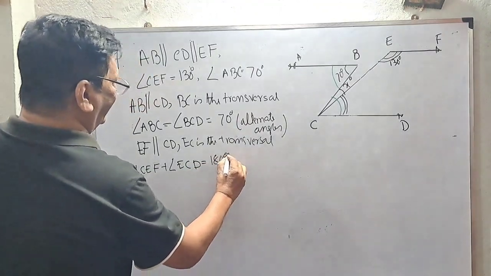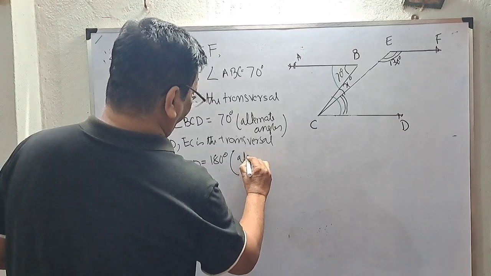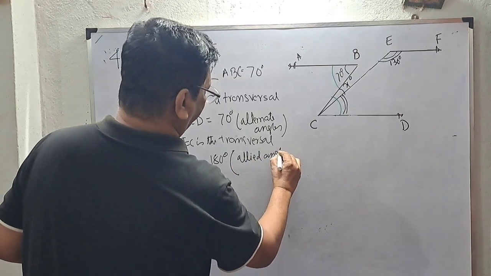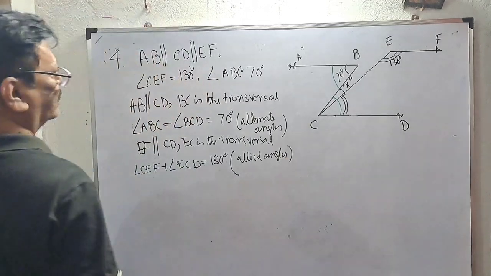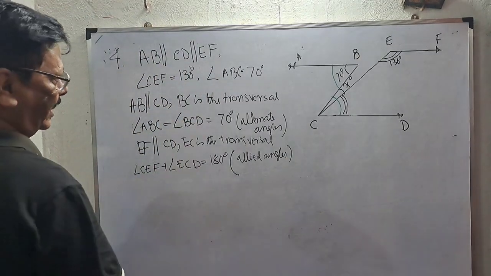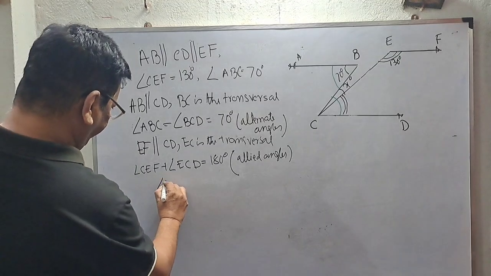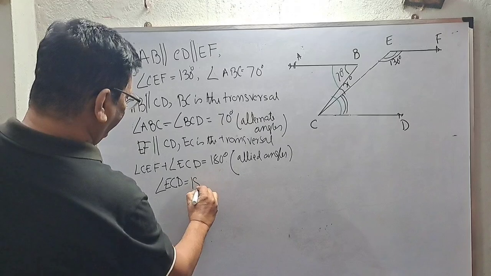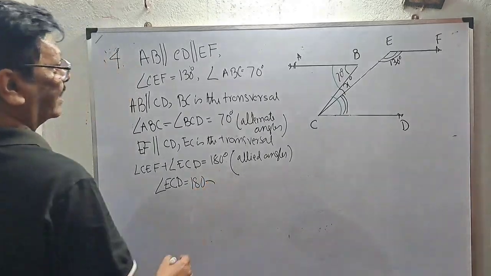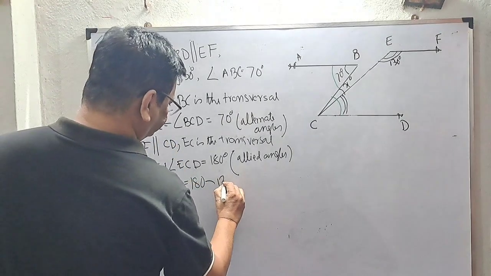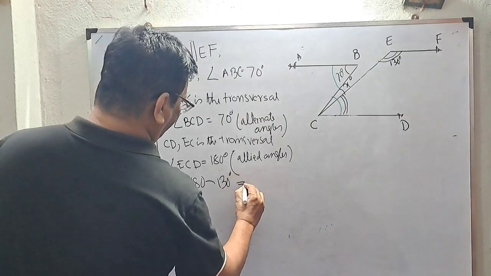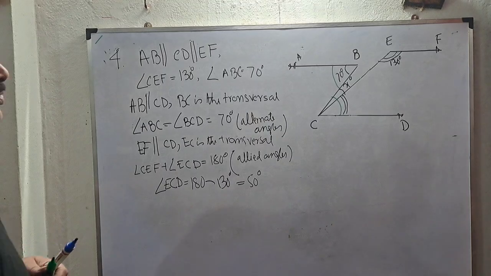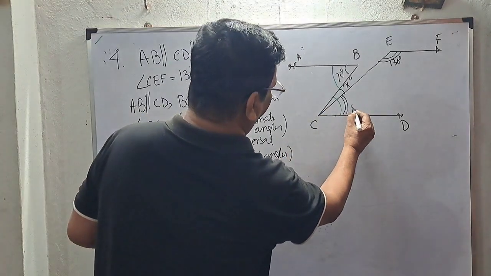Why? They are allied angles. Right? So we find out that angle ECD is equal to 180 degree minus angle CEF, which is 130 degree. That we get as 50 degree. Right? So this angle is 50 degree.